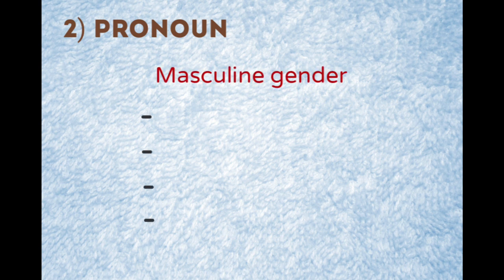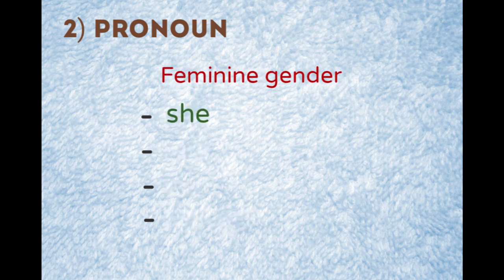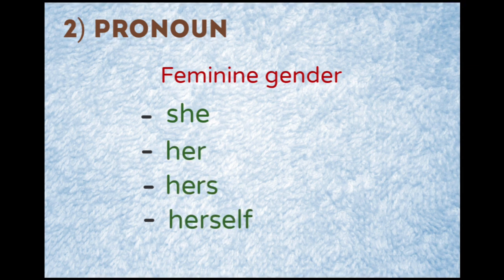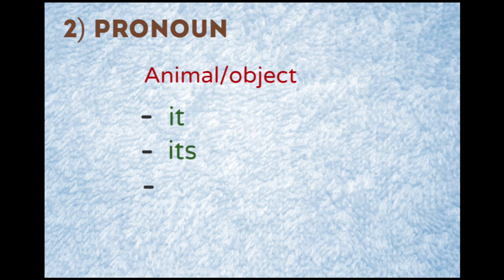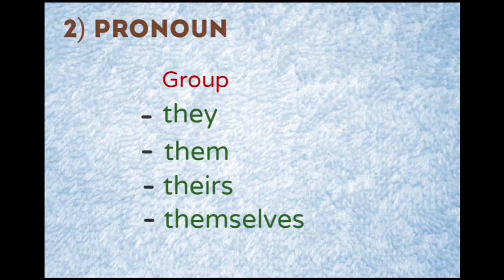Okay, let me introduce a few pronouns list. For masculine gender, you can use he, him, his, himself. For feminine gender, she, her, hers, herself. For any animal or object, you can use it, its, itself. And for group, they, them, theirs, themselves.